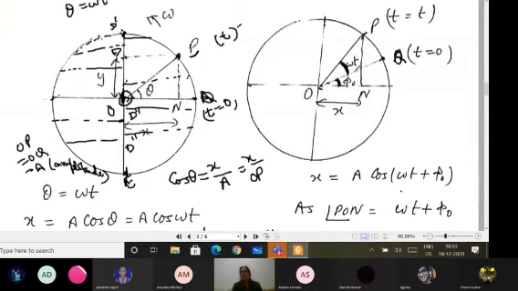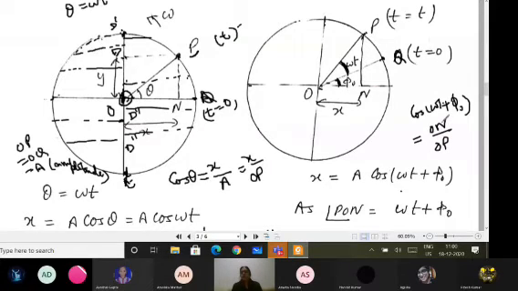So here this projection, if I'm taking x, then if you write cos of omega t plus phi, it is now making with the reference line phi naught, that equals ON divided by OP.